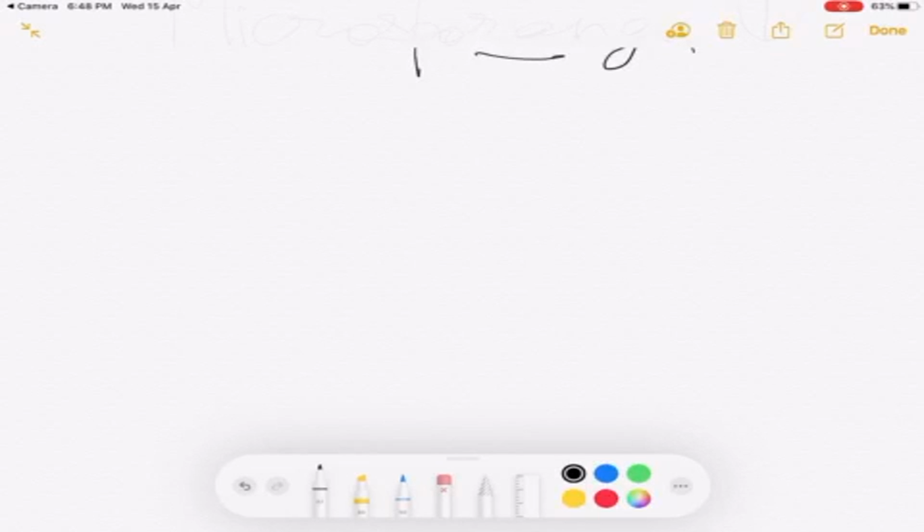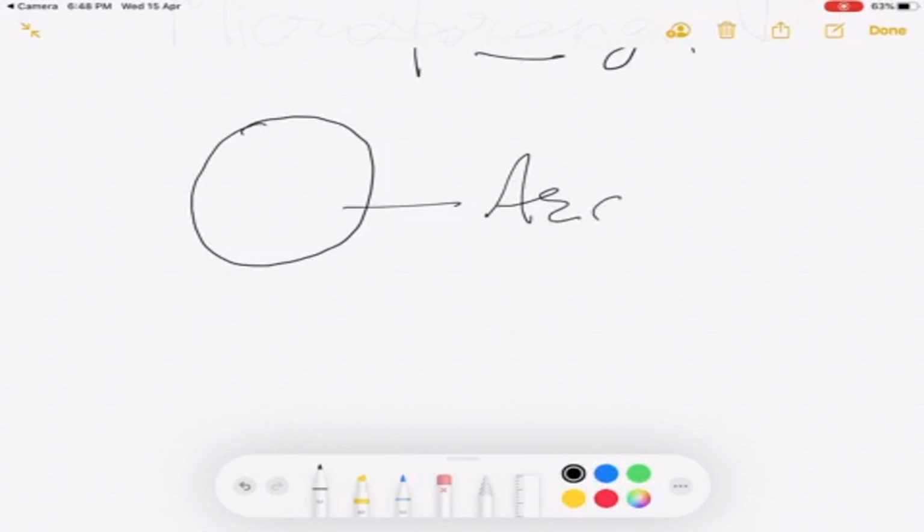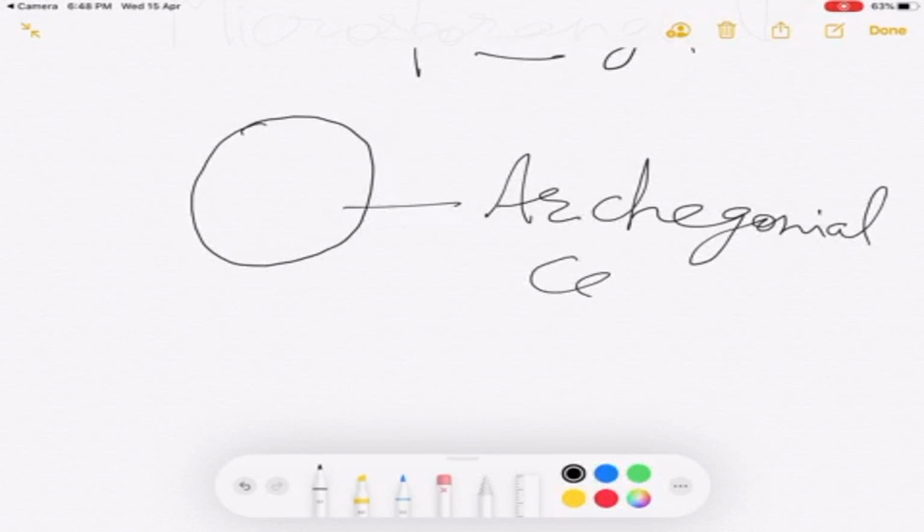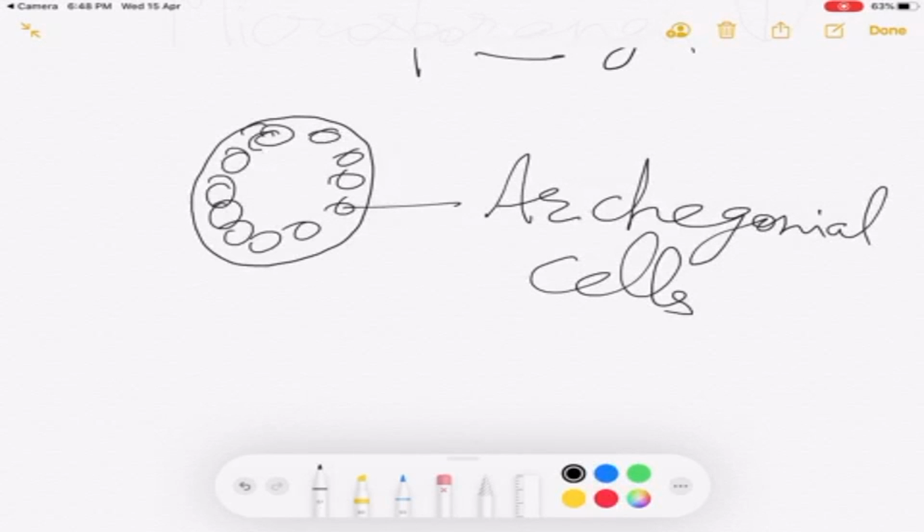Then there is a round mass of cells, and this round mass of cells is called archesporial cells, which are parenchymatous type of cells.